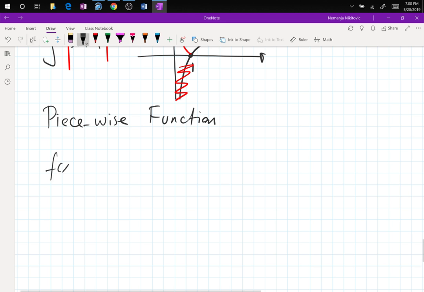Let's say that I have f of x is equal to 3 for x less than 0, x plus 1 for 0 less than or equal to x less than or equal to, let's say, 2. And then let's say we have negative x squared for x larger than 2.